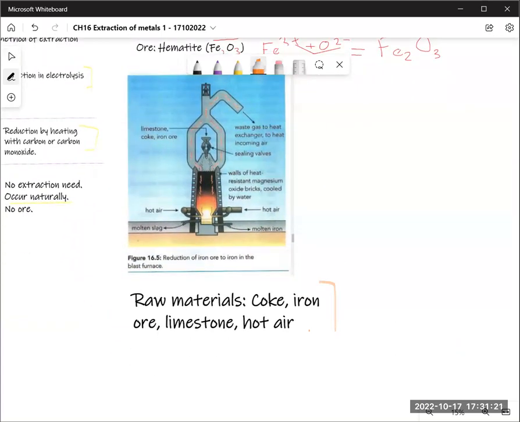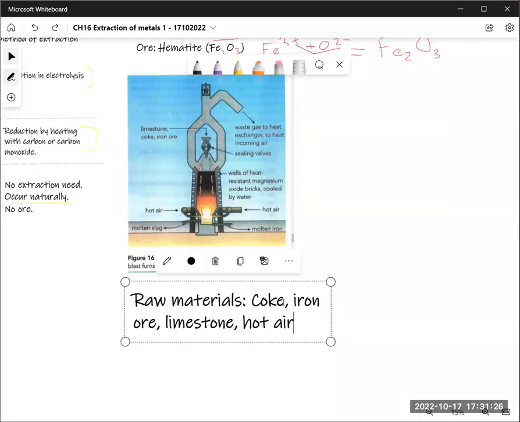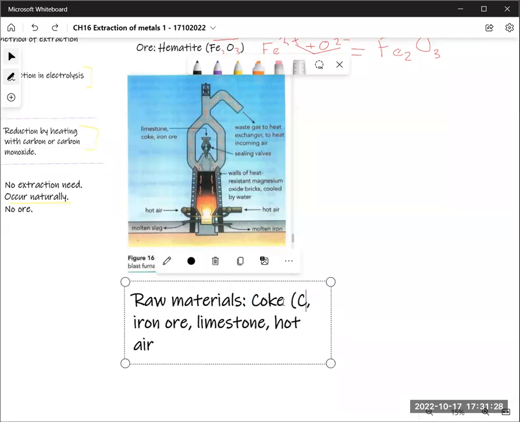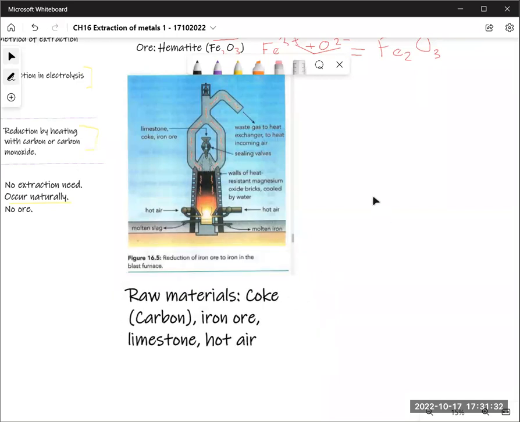Now, guys, have you written this? Okay, coke. After coke, also write something else, which is carbon, in brackets. Now I'll tell you the steps. The first step is that we put coke in the blast furnace.